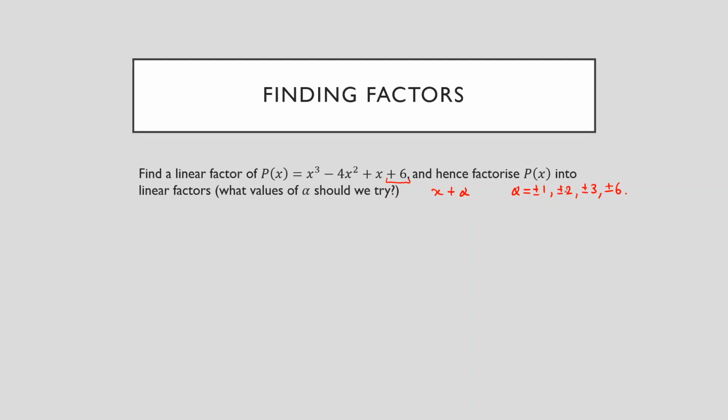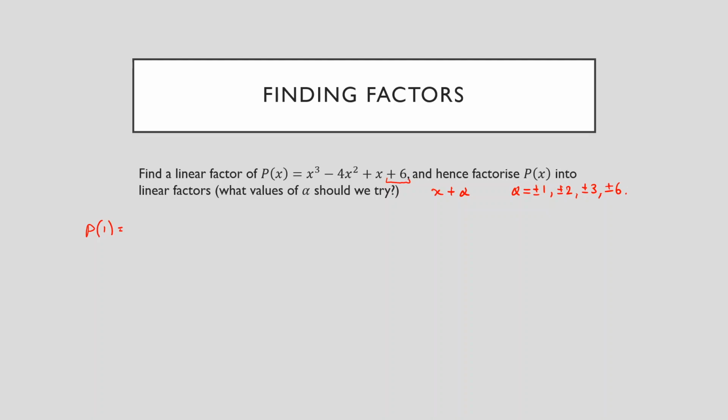Each of these numbers is a factor of positive 6. So now we just start going through this list of values for alpha and substituting them into our polynomial. So let's start with alpha equal to 1. See what we get.